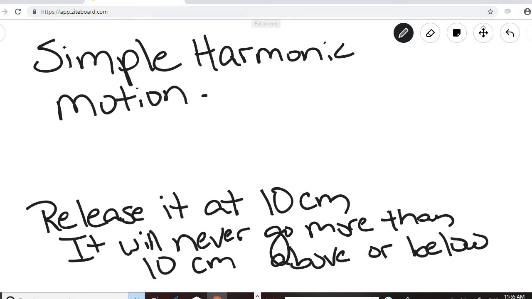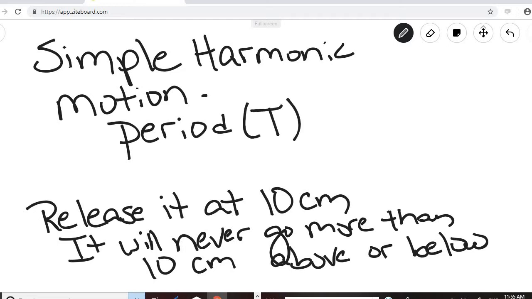So in simple harmonic motion, the period, or T, does not depend on the amplitude. So it's independent of the amplitude.